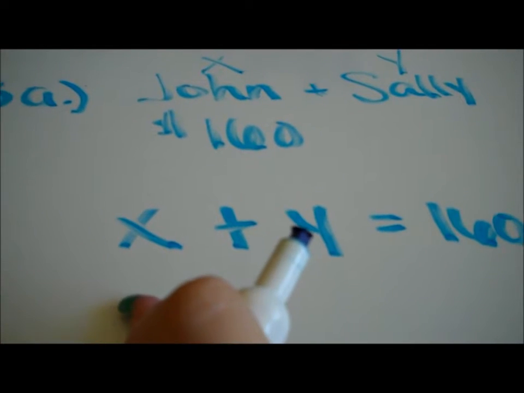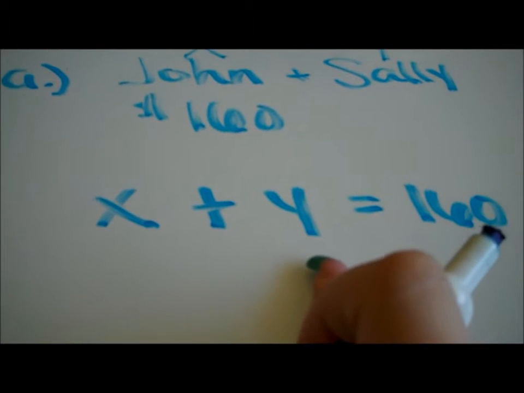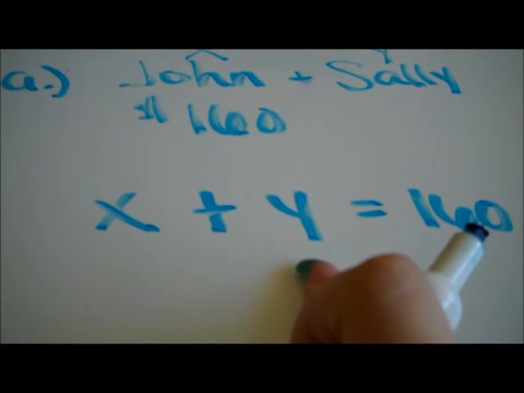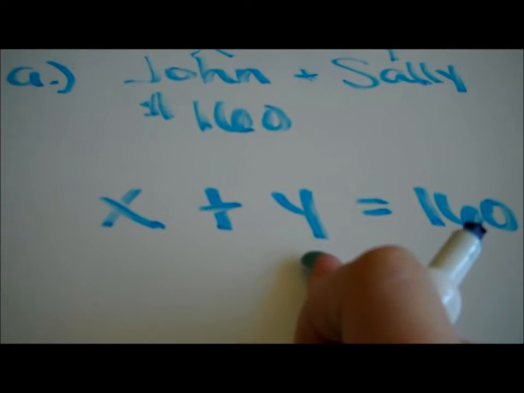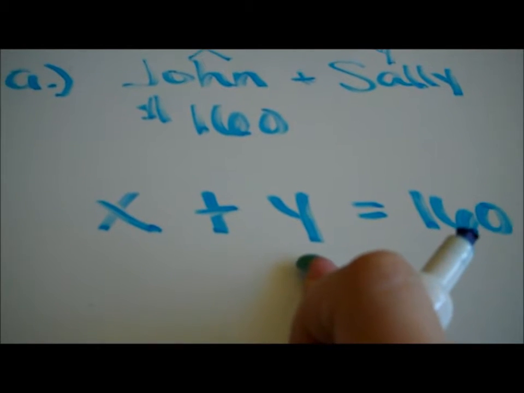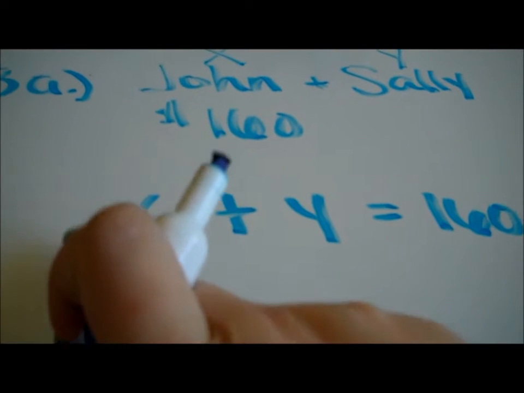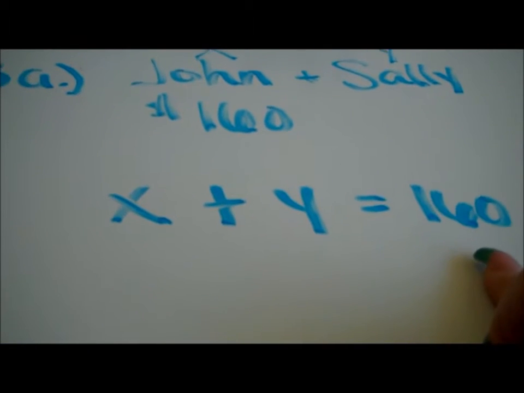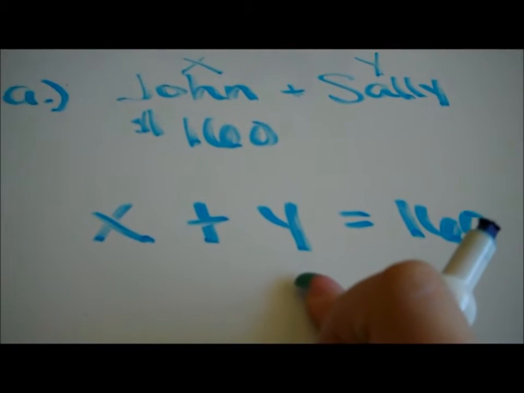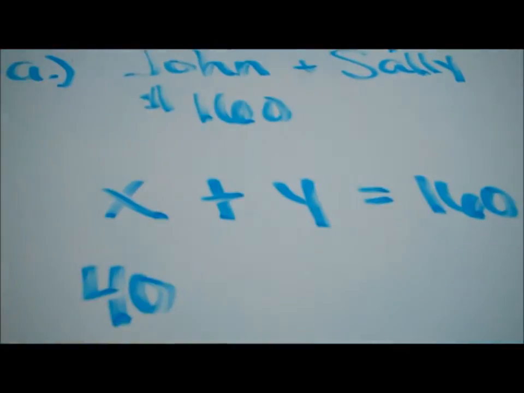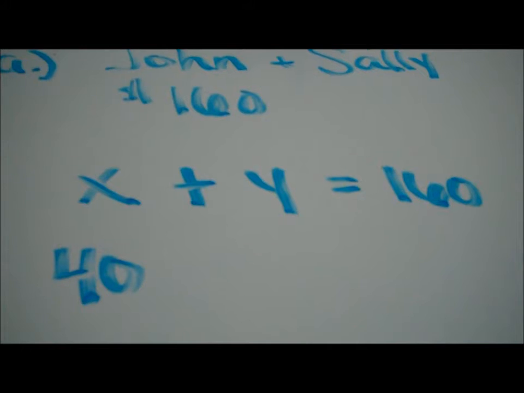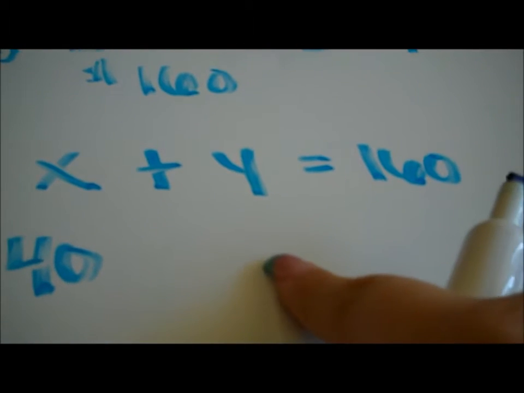Well, John here is X. But how could I solve for Y? I need this to be in a different form. I need this to have an X value here. So really, if I take how much John has away from the total, that will tell me how much Sally has. So let's say, for example, John only has $40. Well, how much do we know Sally is going to have?